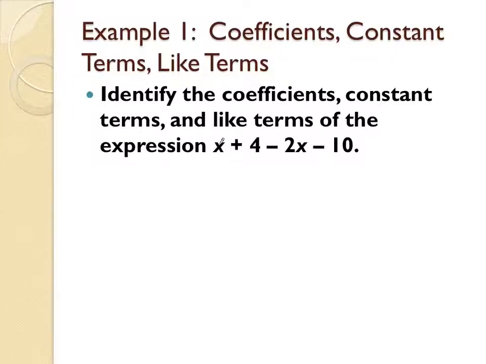All right, so we have x plus 4 minus 2x minus 10. And we're trying to, first of all, identify, let's look for coefficients. All right, so off to the side, go ahead and write coefficients.